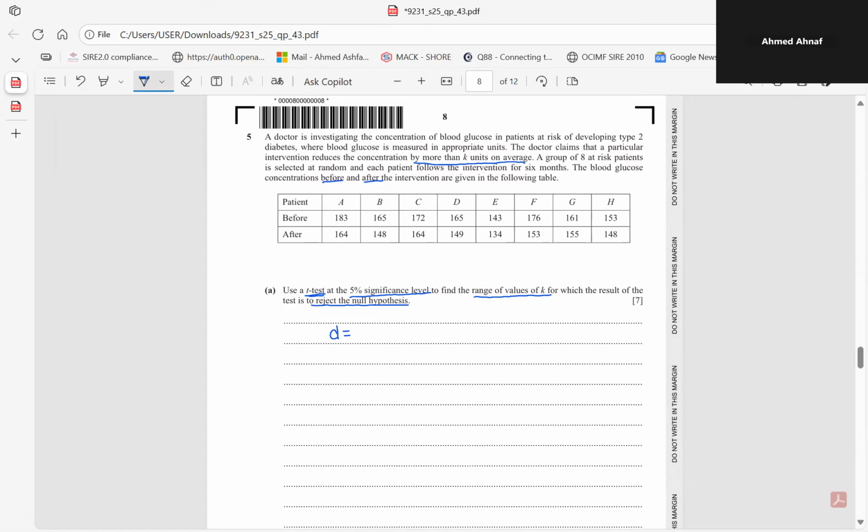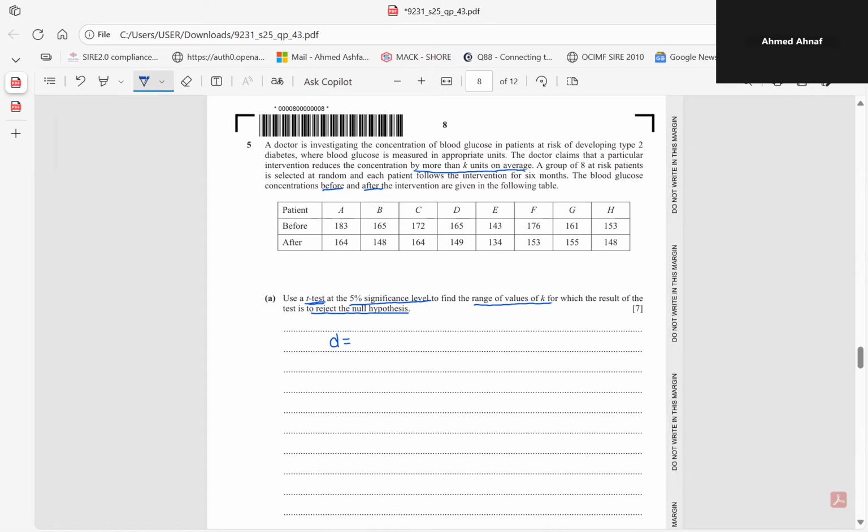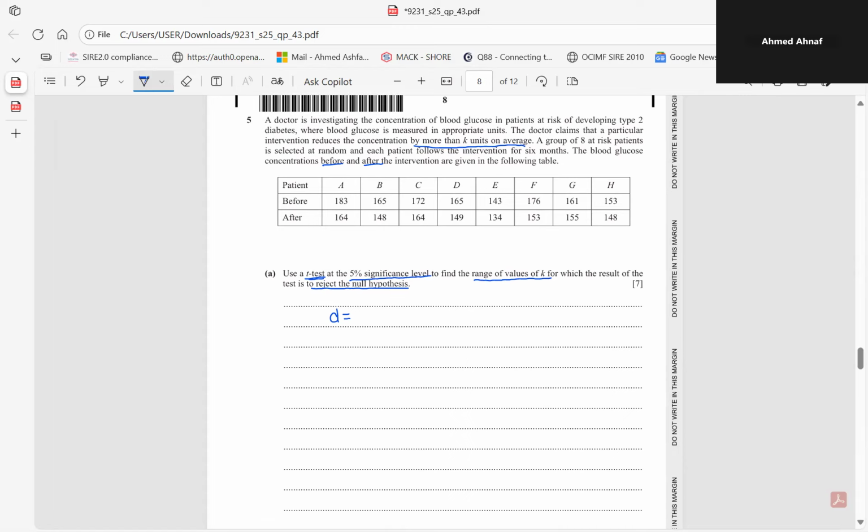So we're going to make any reduction positive, okay? Right, so reduction is positive. So 183 minus 164, yeah, 19 for A. For B, 165 minus 148, you get 17. For C, 172 minus 164, you get 8.